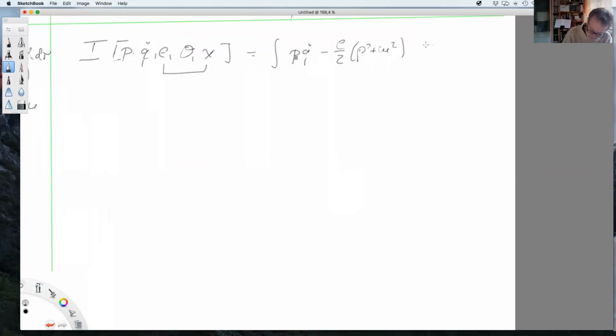There will be a term like plus theta dot, and also a term theta dot, and then there will be terms of the form, let me by the way take the mass equal to 0 to make things simpler. Then there will also be a term which is chi theta P. I can write such things.